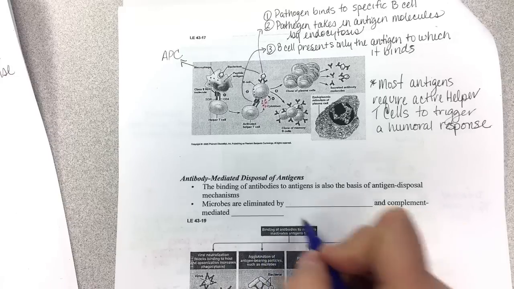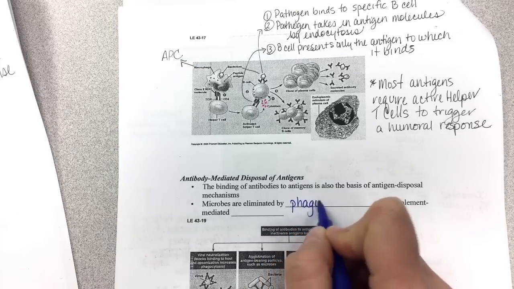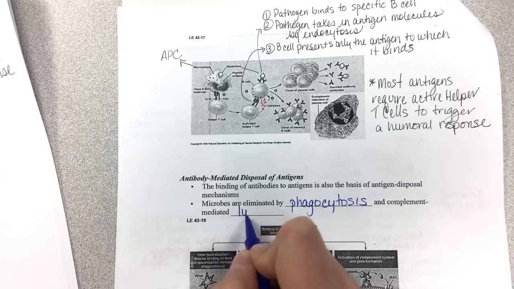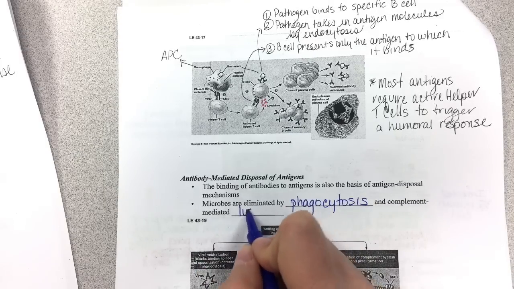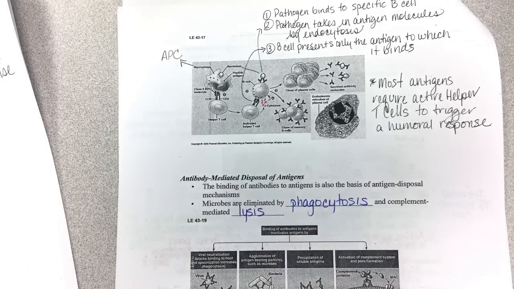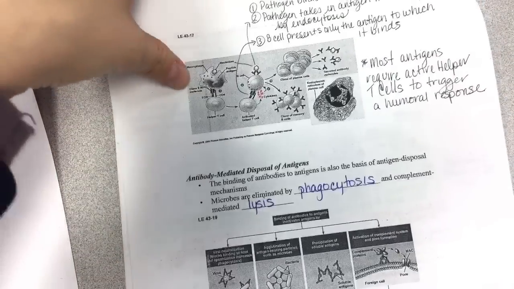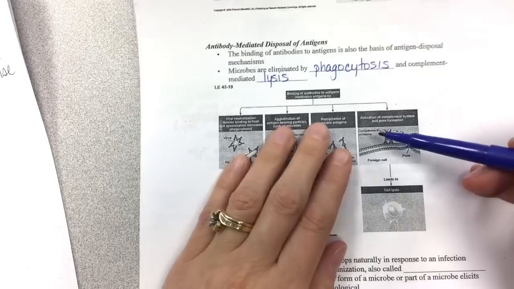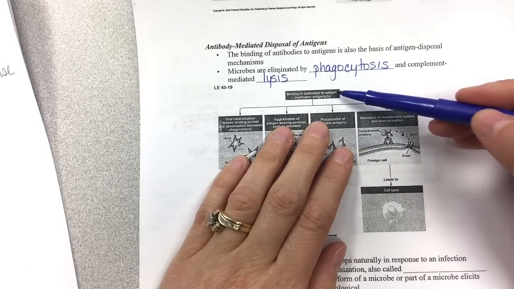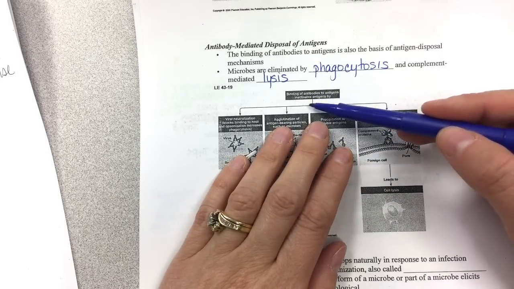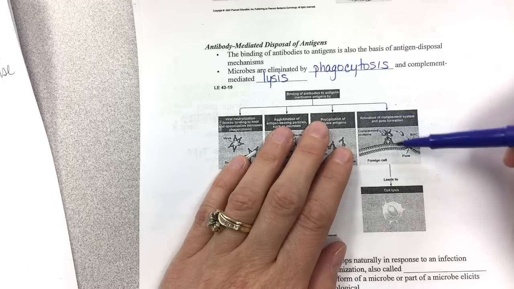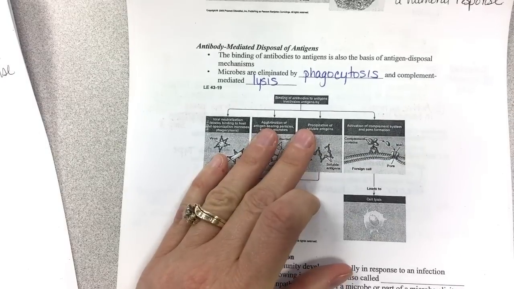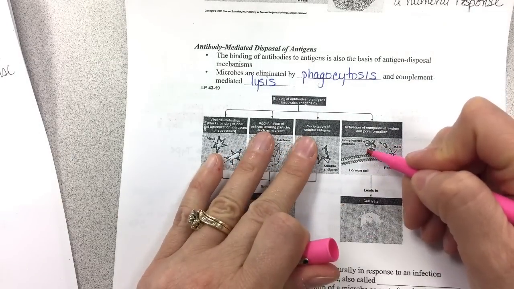So microbes are eliminated by phagocytosis and complement-mediated lysis. I had shown you this picture already. So the complement system. Here are your antibodies, so we can make all of our antibodies pink here.